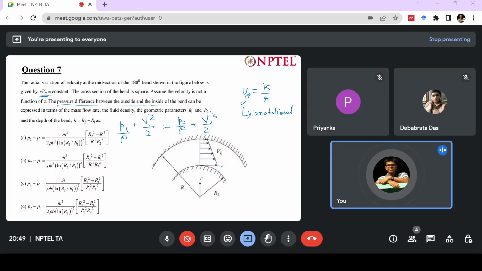The problem now arises: you don't know V1 and V2. Even if this relation is given, here they are asking for this in terms of the mass flow rate, the fluid density and the geometric parameters.